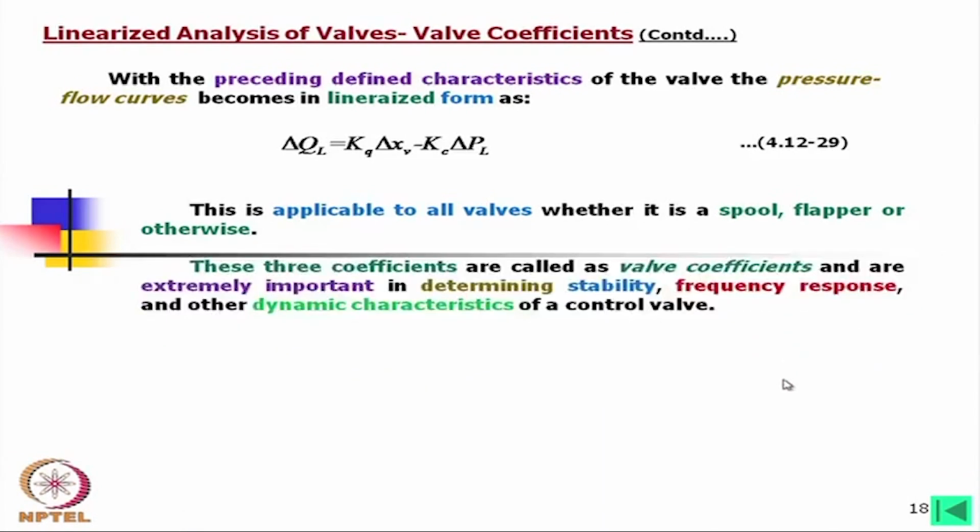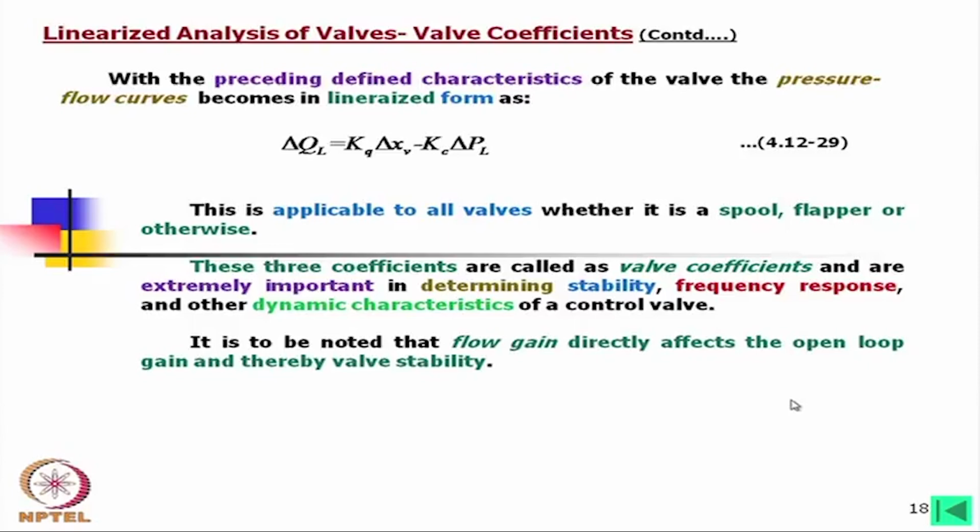These 3 coefficients are called valve coefficients and are extremely important in determining stability, frequency response and other dynamic characteristics of a control valve. It is to be noted that flow gain directly affects the open loop gain and thereby stability.